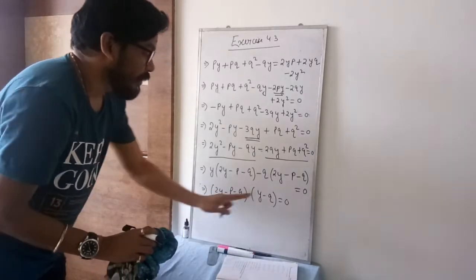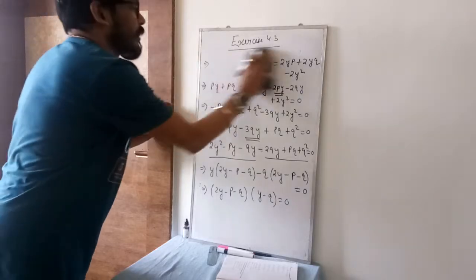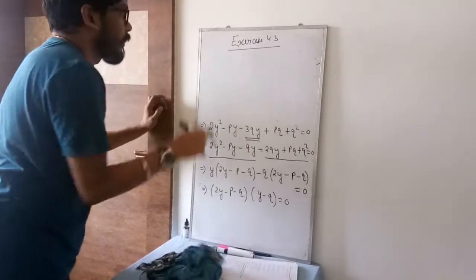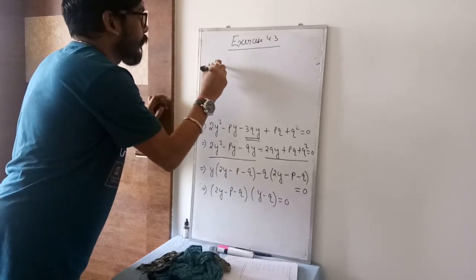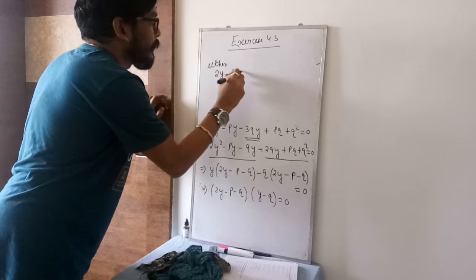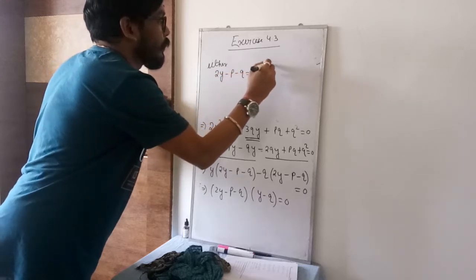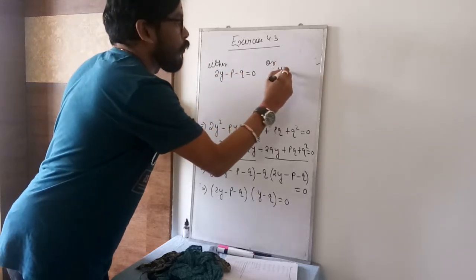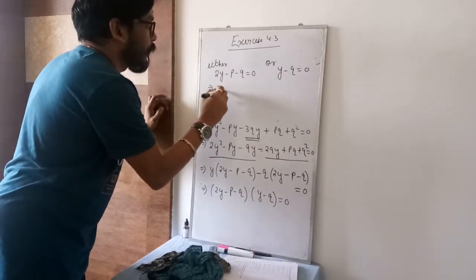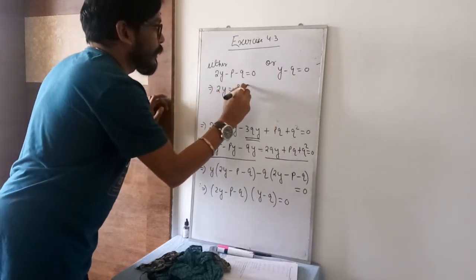Either this is 0 or the second one is 0. So you will write either 2y minus p minus q equal to 0 or y minus q equal to 0. You will find out the value of y here. So it is p plus q.